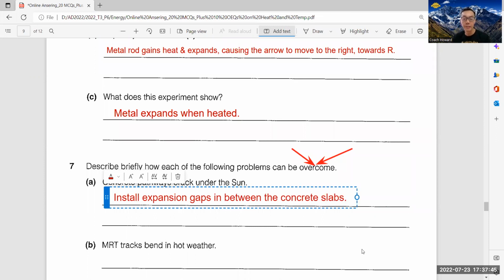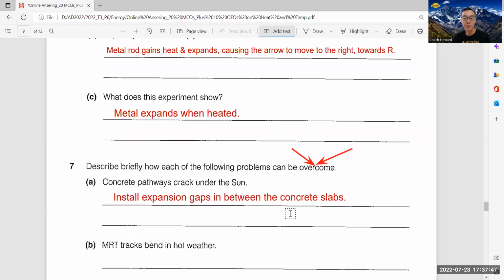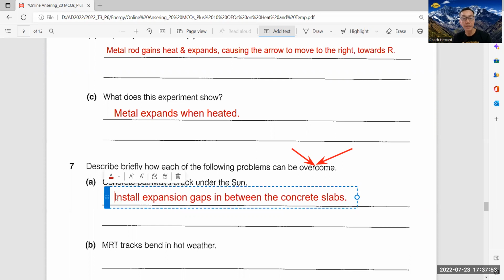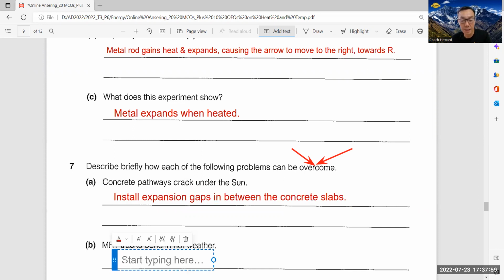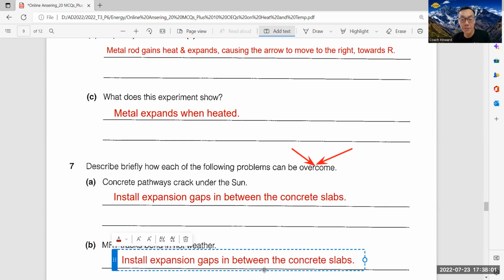Same thing for the MRT track as I told you, right? So the same thing, install expansion gaps in between the tracks.